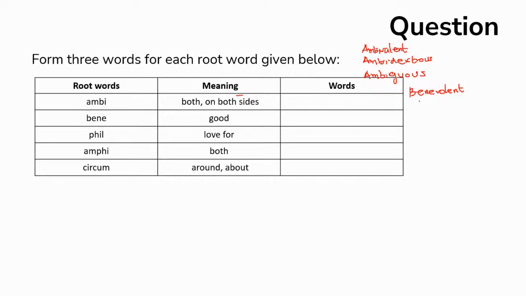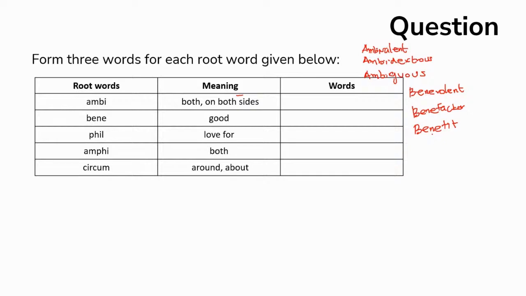Beni means good. And benefactor, a person who gives money or other help to a person or a cause is called a benefactor. And benefit, an advantage or profit gained by something is called a benefit.